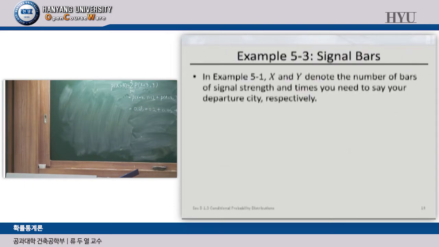And this is an example. In the previous example 5-1, x and y denote the number of bars of signal strength and the times you need to say your departure city, respectively. What is the probability that y is equal to 1 given that x is equal to 3?